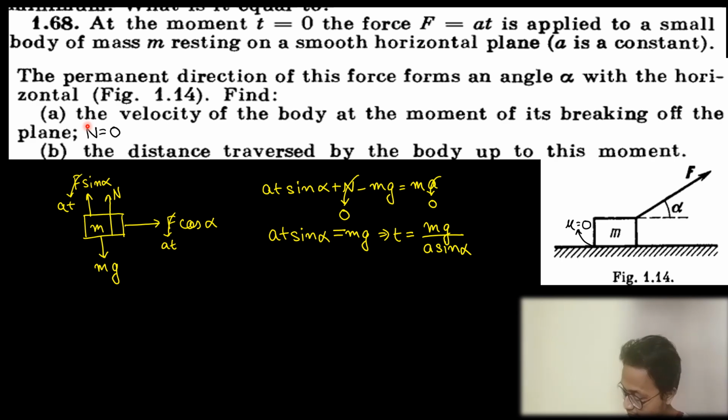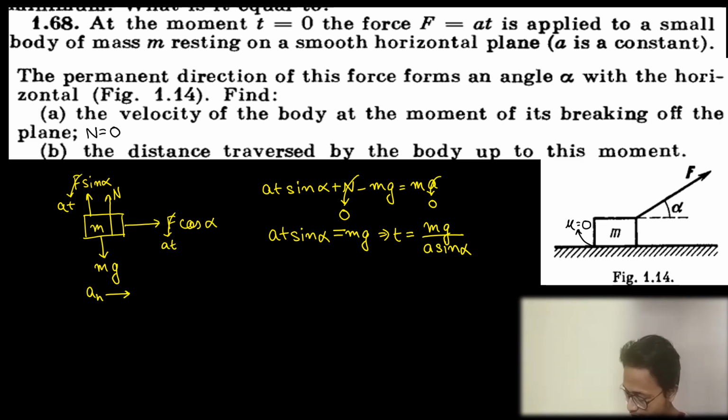Now the question is asking to find the velocity of the body at that moment. Here, this body will have a horizontal force, and this horizontal force will cause a horizontal acceleration. So what is the horizontal acceleration? Let's take AH as the horizontal acceleration.